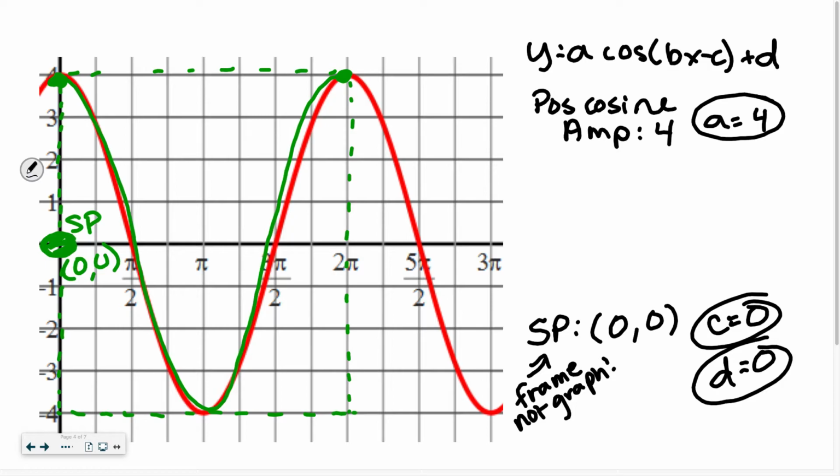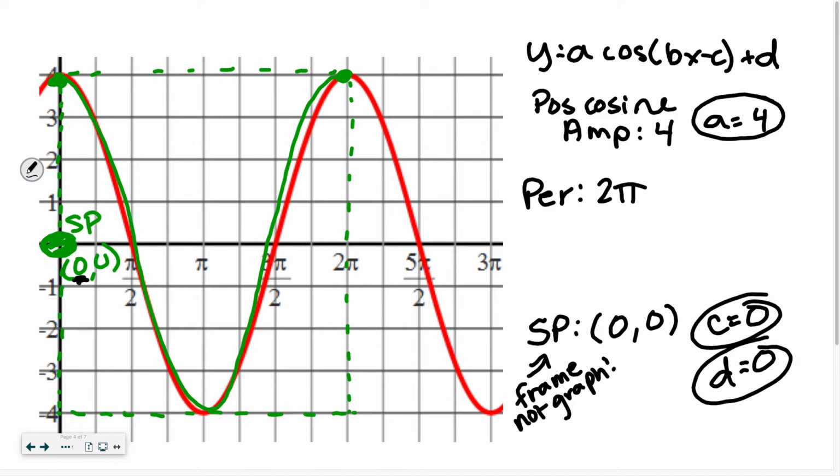Again, if you can get your graph to start at the y-axis when x is 0, isn't this nice? Because from 0 all the way to 2 pi, you know that distance is 2 pi. If you're starting at a different place, you'll maybe have to do the subtraction, like I did on the board earlier, so that you can figure out what the distance is. But our period is 2 pi.